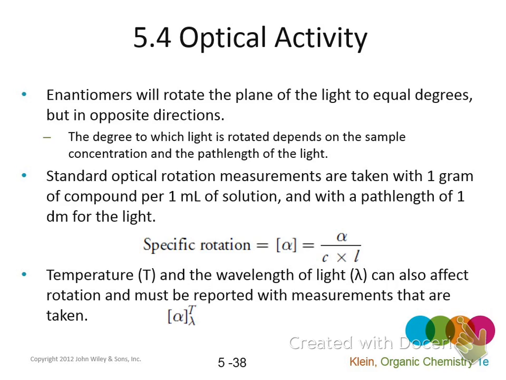You can think of it like density, right? Density is dependent on mass and volume. Or specific heat: when we talk about heat capacities, the amount of energy is dependent on mass and change in temperature. It's that kind of thing.